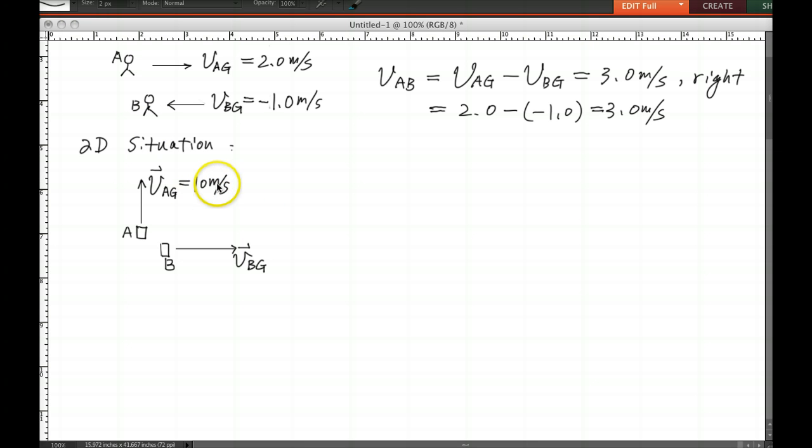Car A is 10 meters per second. Car B is 12 meters per second.